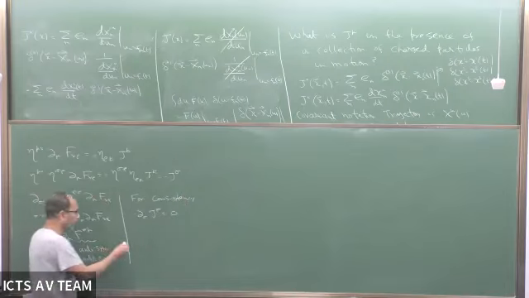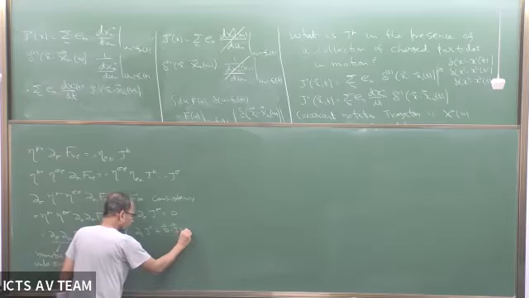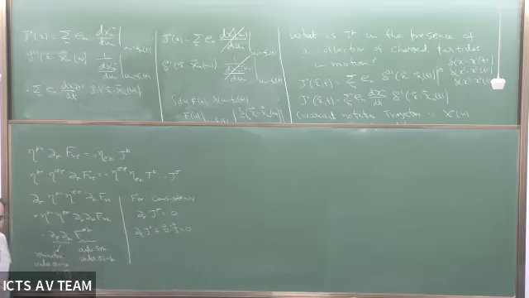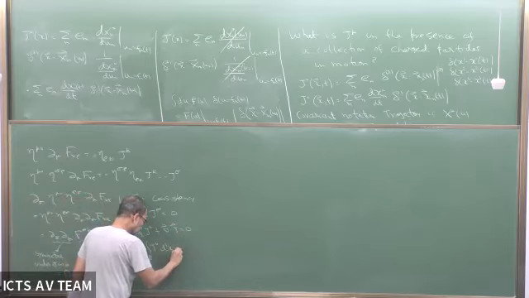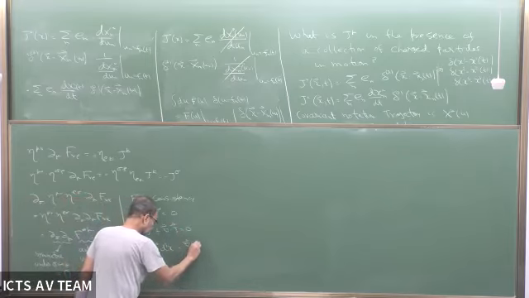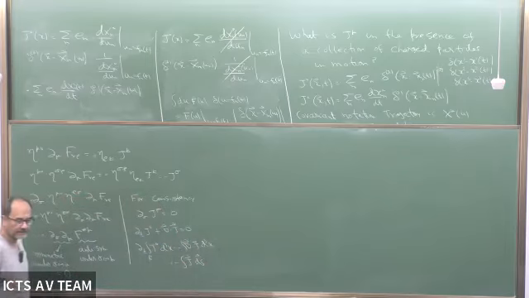In component form, this basically says that the charge is conserved, because if we integrate it over any region, this is minus the integral of j dot dS, a surface integral.